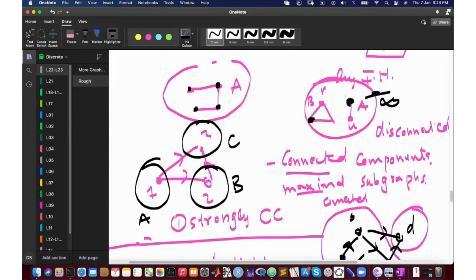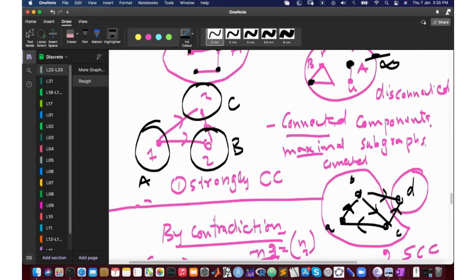You are looking for the farthest apart pair of vertices. The farthest apart vertices you have are these 2 vertices, and the distance between them is infinite. We can't go there. So infinite. The same thing is true about this graph as well. You can start at D; from D to A, you can't reach in a finite amount of time.